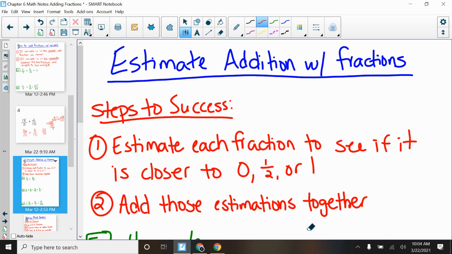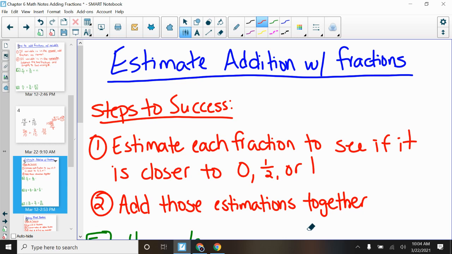Good. Okay. I would hope everybody could, because that's a skill that came from chapter 5. Okay. So if you already know how to do what number 1 is saying, then you move on to step 2, which then says, then you just take those estimations and you add them together. Okay. So let me show you an example of one.